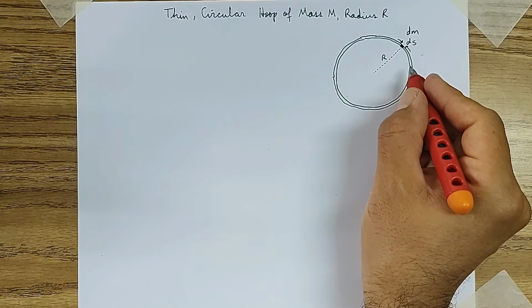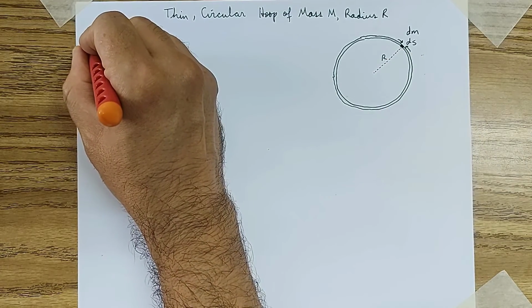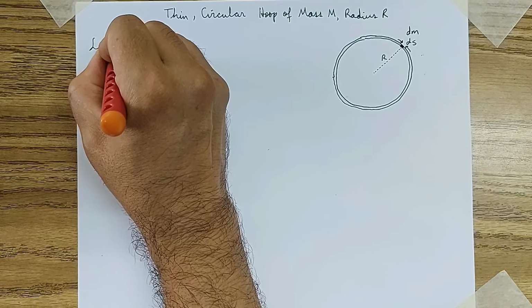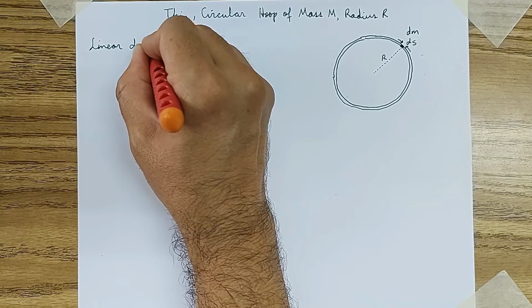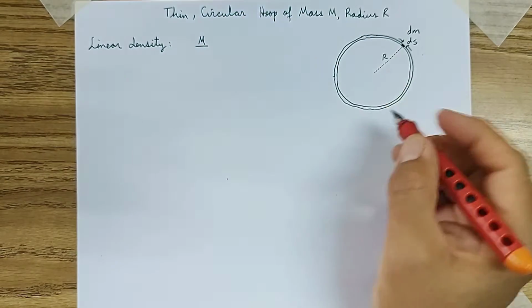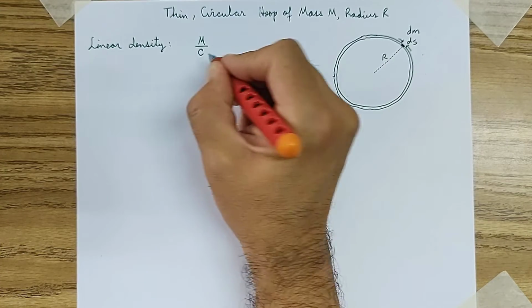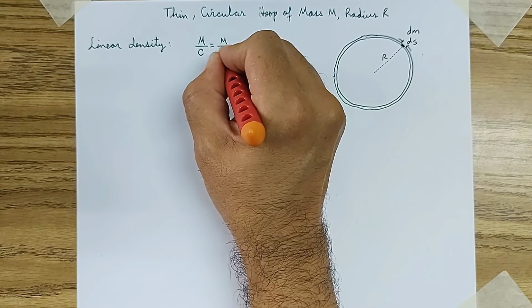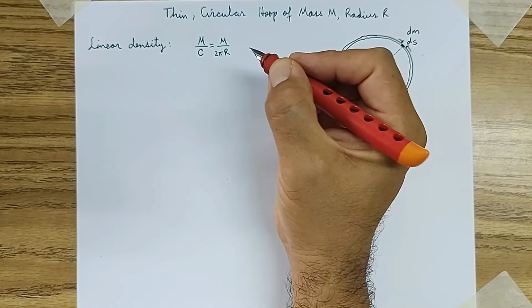Now, since this is a one-dimensional analysis, we still want to talk about linear density. That linear density, as usual, is mass per unit of length, but since this is a circumference, we're talking about mass divided by the formula 2 pi times the radius.